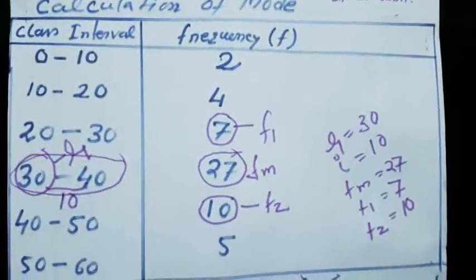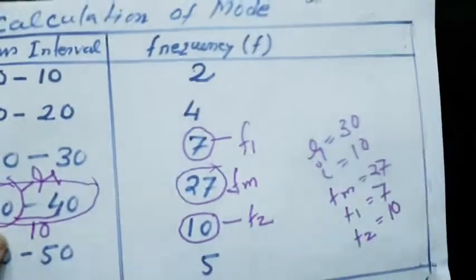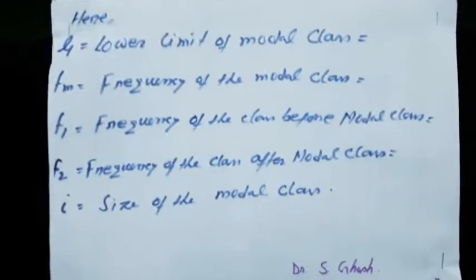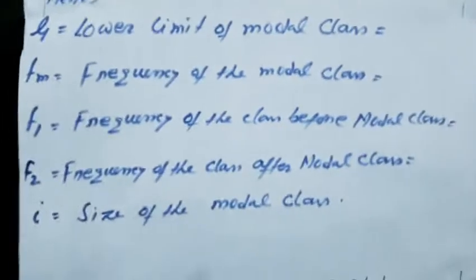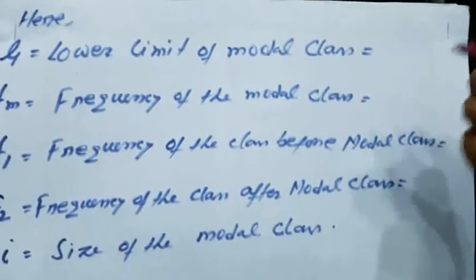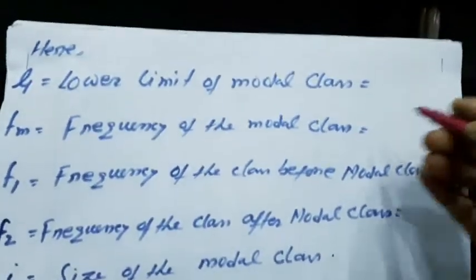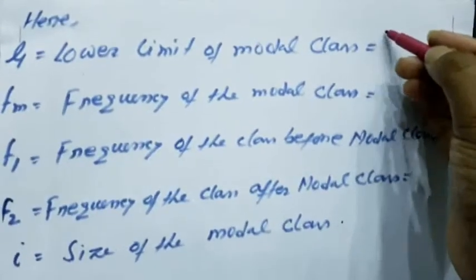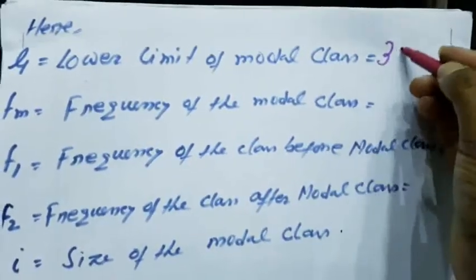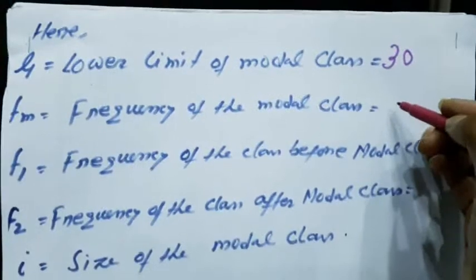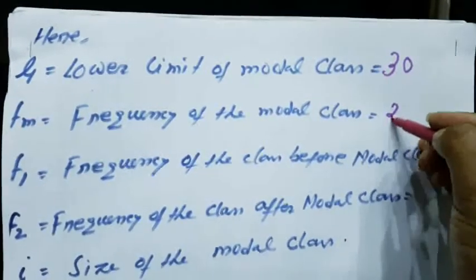Understood? Okay. Now, if we clearly write this down, we will get this. L1 is 30. FM is 27.